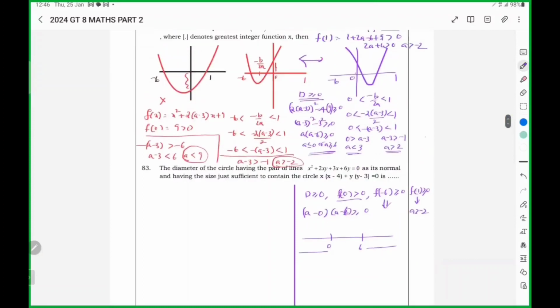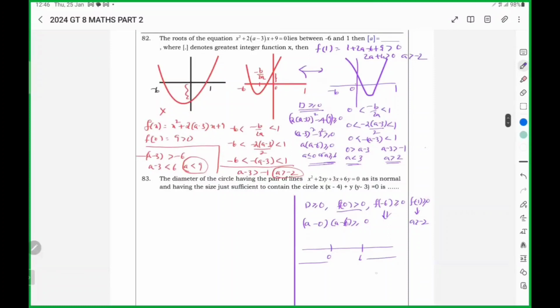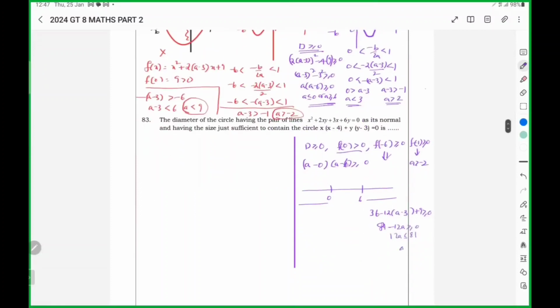F of minus 6 positive means 36 minus 12 times a minus 3 plus 9 greater than 0. 81 minus 12a, 12a is less than 81, so a is less than 27 by 4. Right.